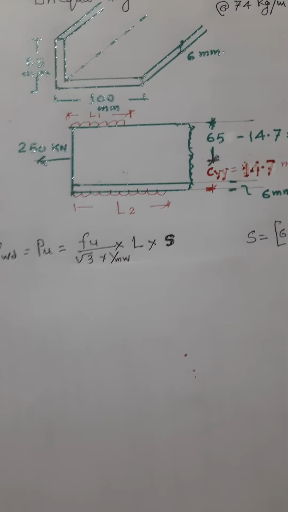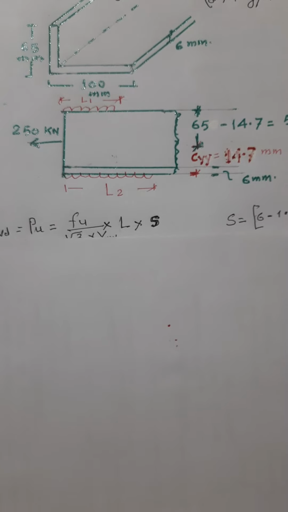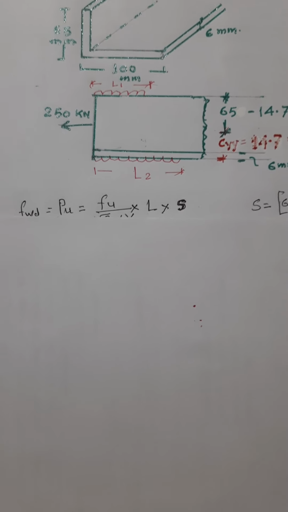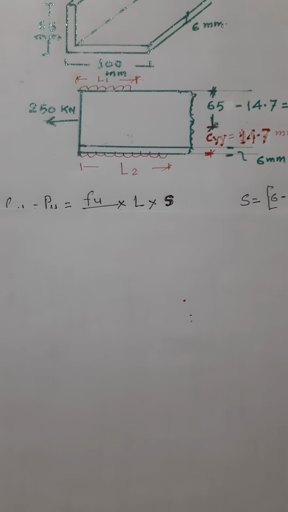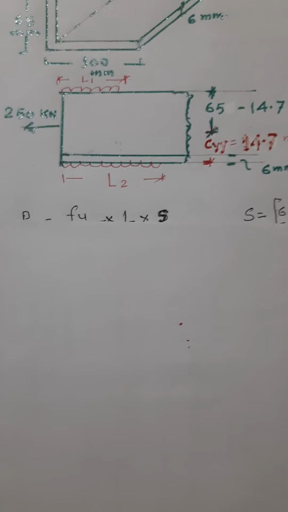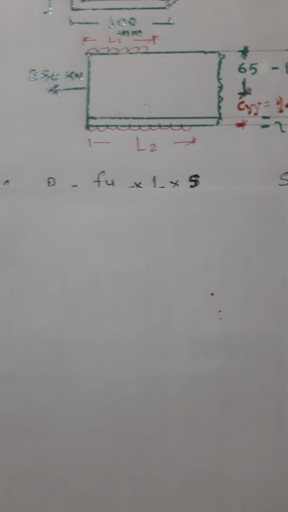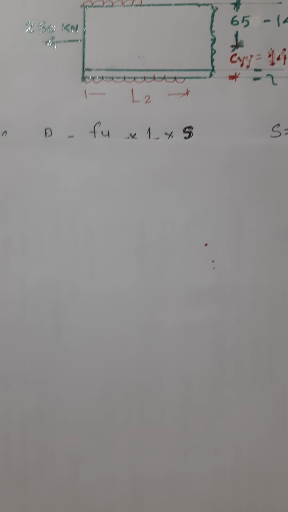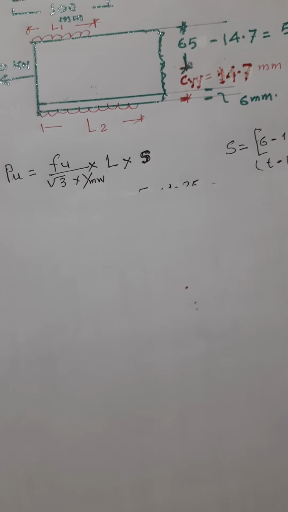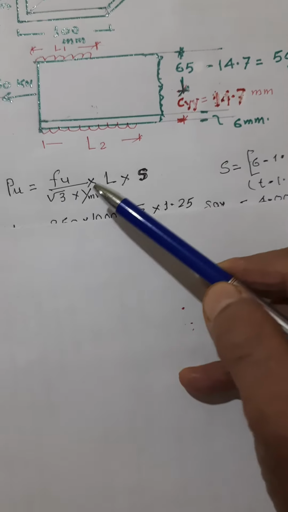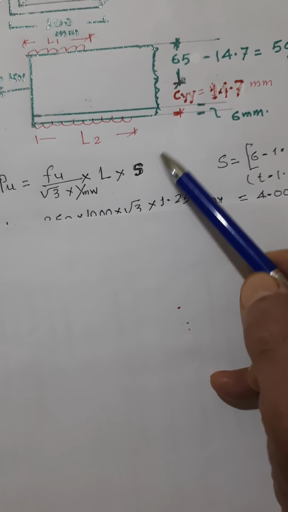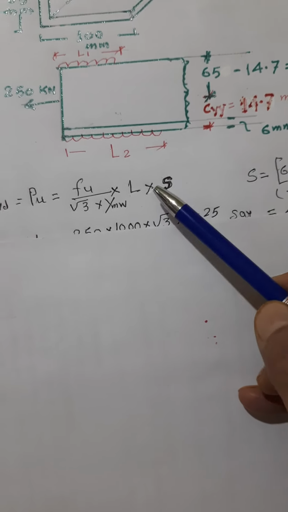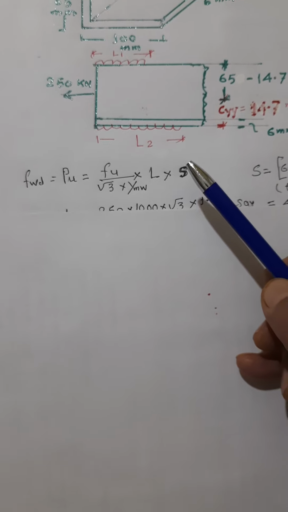Once the size of the weld is known, we can calculate the design strength. PU is equal to shear stress into area of the weld.